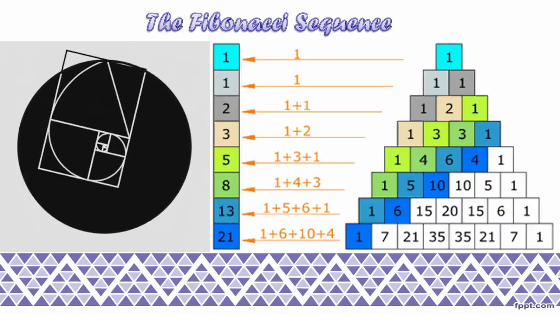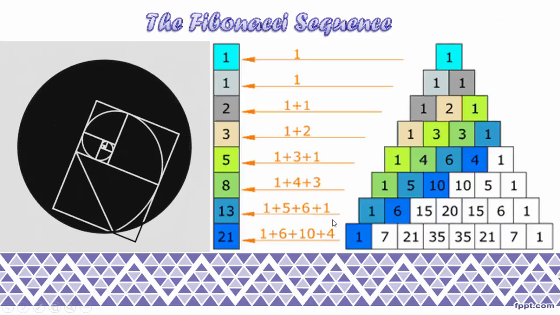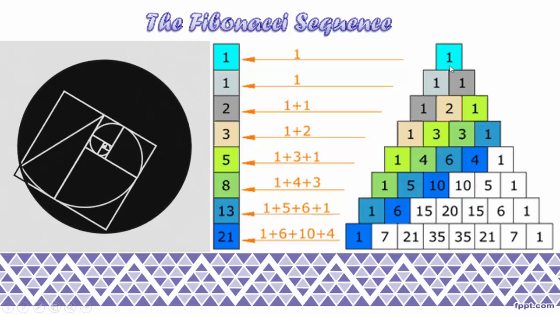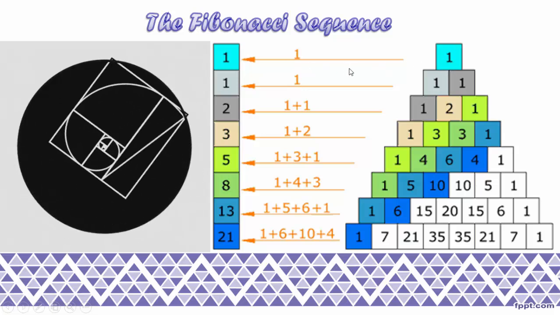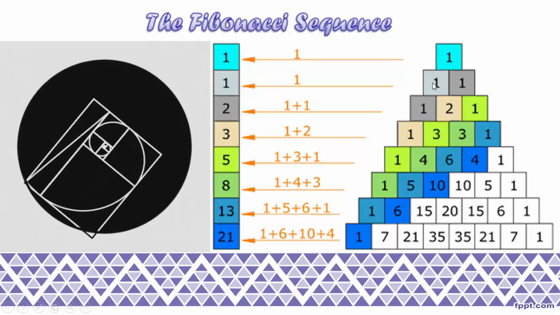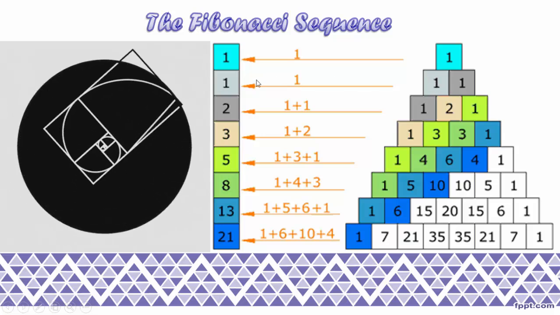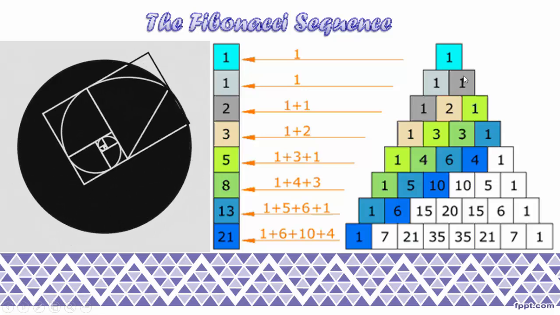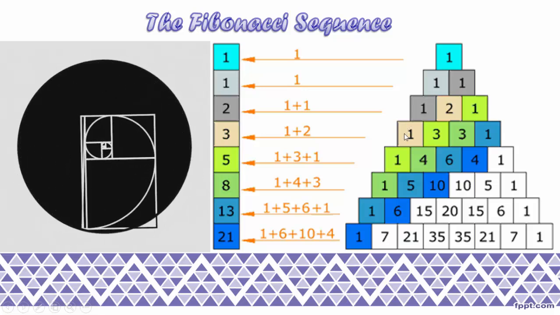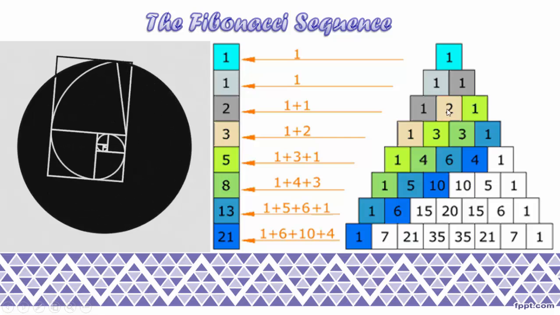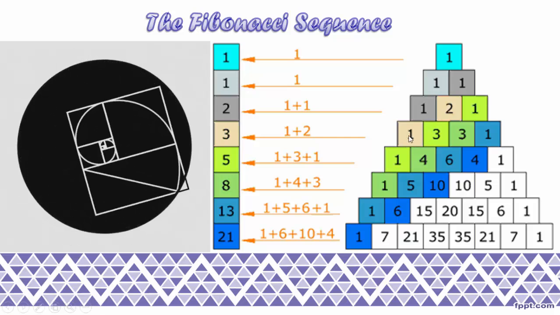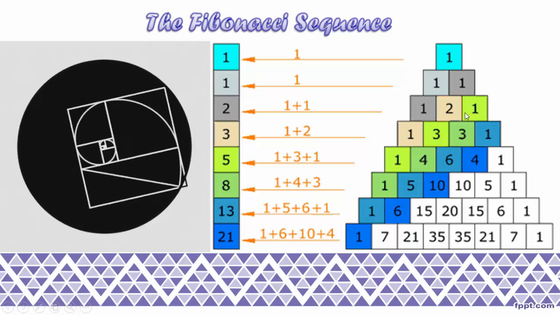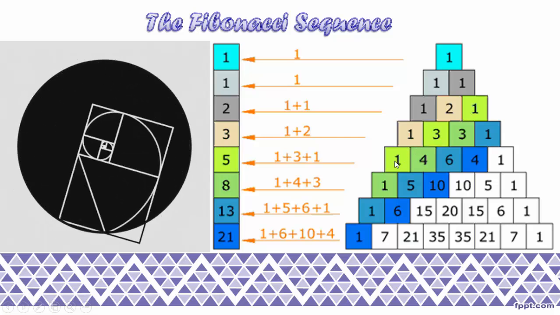In order to locate the Fibonacci numbers, well, here in aqua is 1. That's the first in the sequence. Here, in light gray, 1, and then 1 plus 1 is 2. And then we have 1 plus 2 is 3, and then we have 1 plus 3 plus 1 is equal to 5.